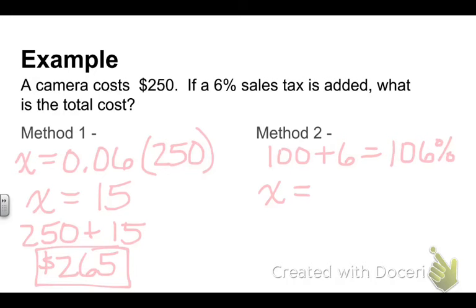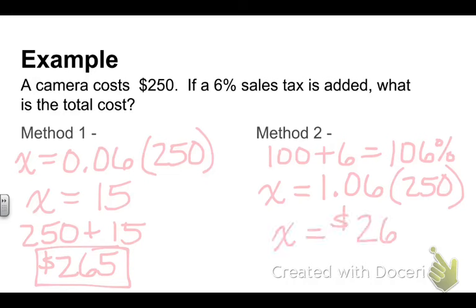It's over 100, so your percent, when you convert it, is 1.06. And you are paying $250, so you are multiplying it by 250. When you multiply that out, what you're going to get is the total cost of $265.